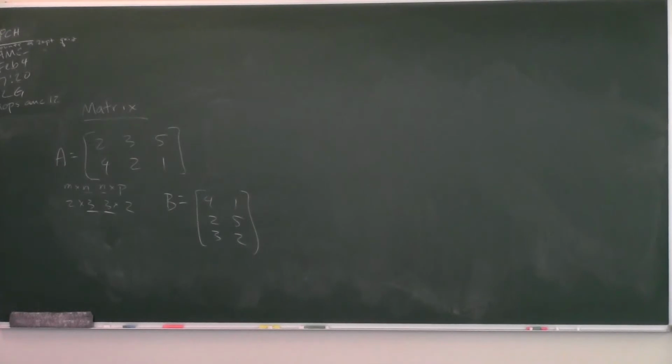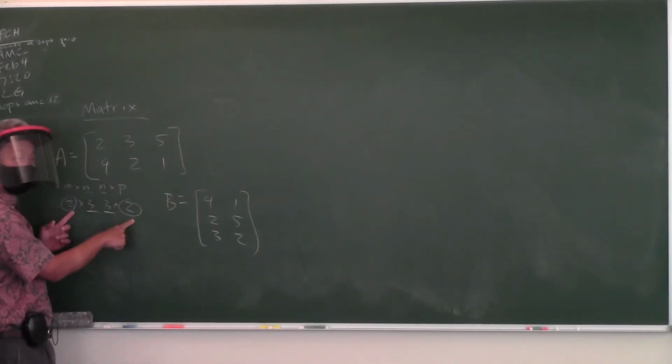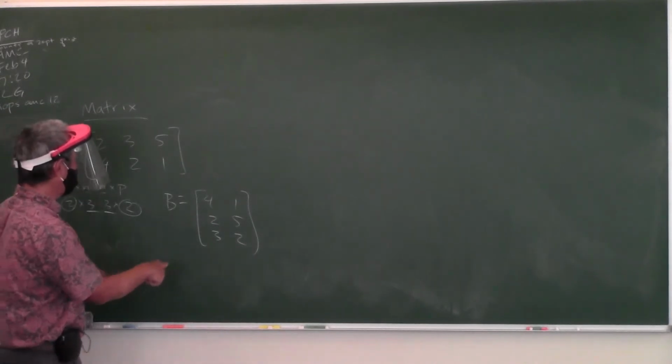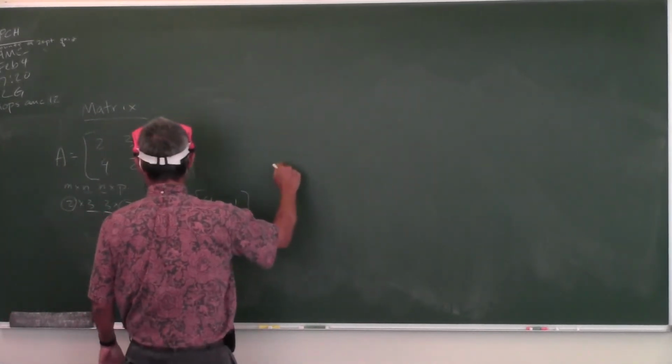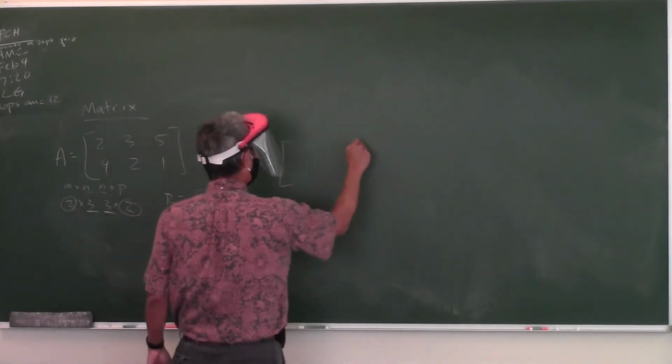If matrix A is M by N, matrix B is N by P, matrix C, which is the product of the two, is M by P. Well, here's M and here's P. You look at these two outside numbers. So if I multiply A times B, you're going to get a matrix that is 2 by 2.